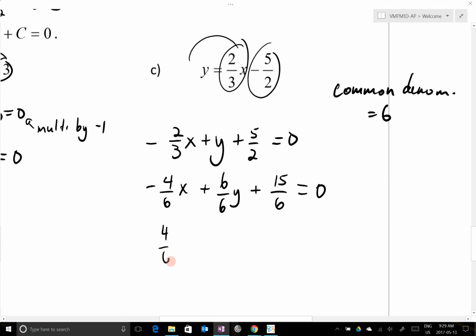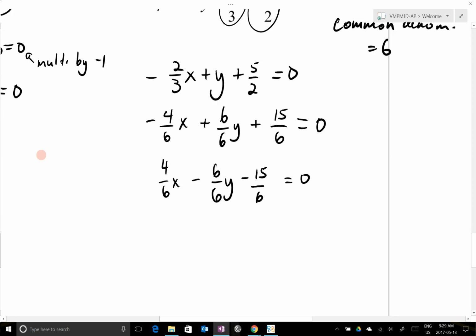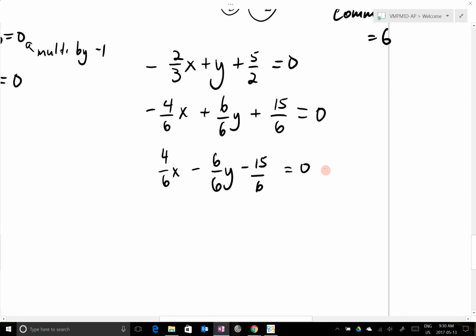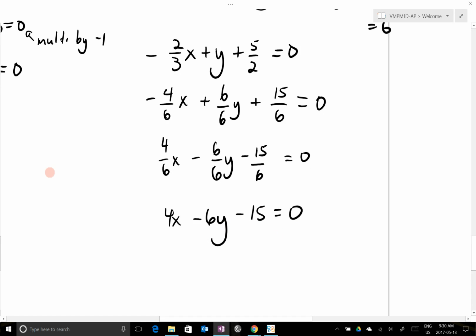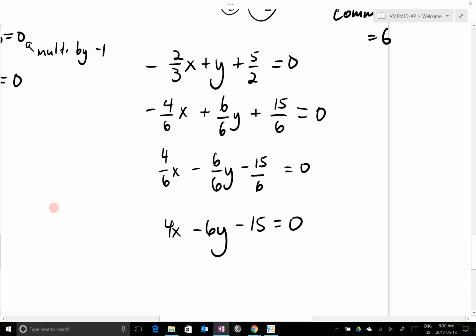So 4 over 6x minus 6 over 6y minus 15 over 6 equals 0. And now I can multiply everything by 6 to get rid of the denominator. So I get 4x minus 6y minus 15 equals 0. Okay, so we wanted a positive x value and we didn't want any fractions. So find that common denominator and cancel everything out.